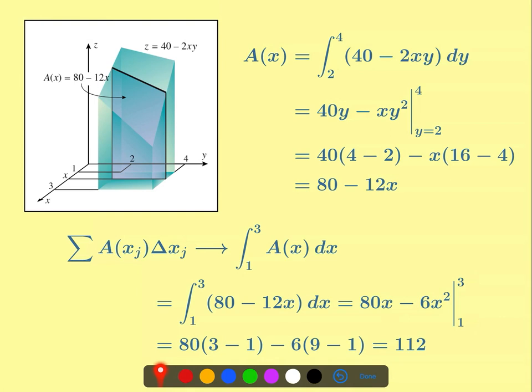Evaluating it from 1 to 3, we'll get 80 times 3 minus 1 for x evaluated from 1 to 3, minus 6 times 9 minus 1 for x squared evaluated from 1 to 3. So that's 80 times 2, which is 160, minus 6 times 8, which is 48. And that gives me 160 minus 48, or 112. So 112 is the volume of this solid.